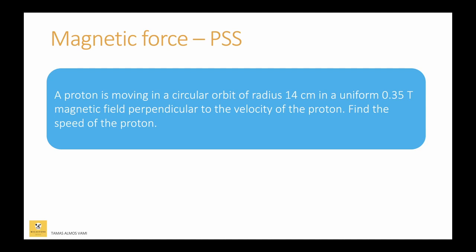As I mentioned a second ago, the unit which we discussed earlier, Newton over ampere meter, is defined to be 1 Tesla. And 1 Tesla is actually a very big number. The planet's magnetic field is not even a thousandth of a Tesla.